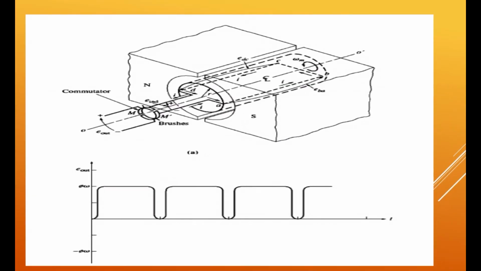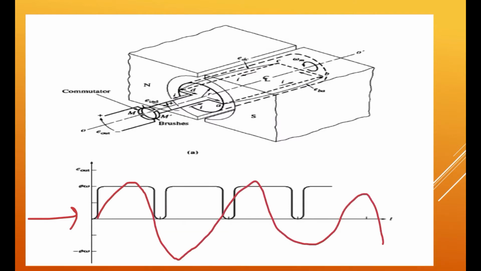This is the figure, guys. We are shifting the negative sign to positive. For AC, we will have a sine wave, positive and negative. But now we are shifting the negative to the positive side.